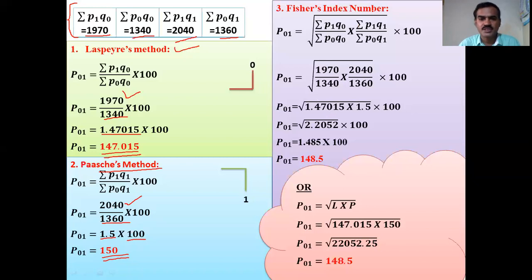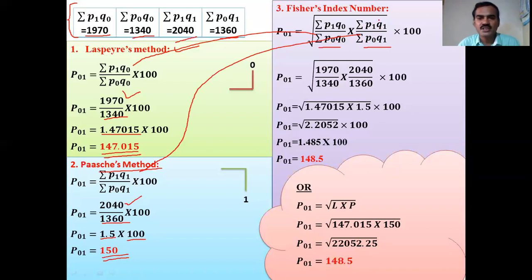Fisher's index number. Here P01 equals the Laspeyres formula and the Paasche's formula. That is sigma P1 Q0 divided by sigma P0 Q0, which is taken from the Laspeyres method, and sigma P1 Q1 divided by sigma P0 Q1, which is taken from Paasche's method.